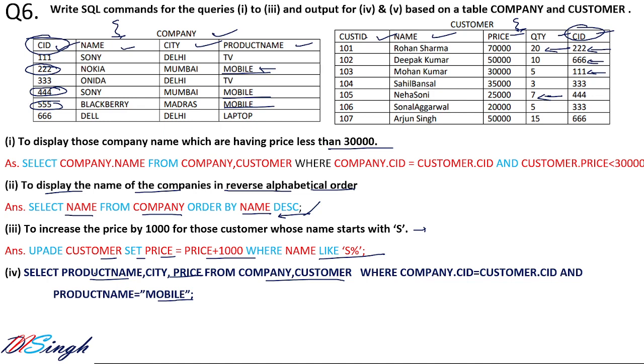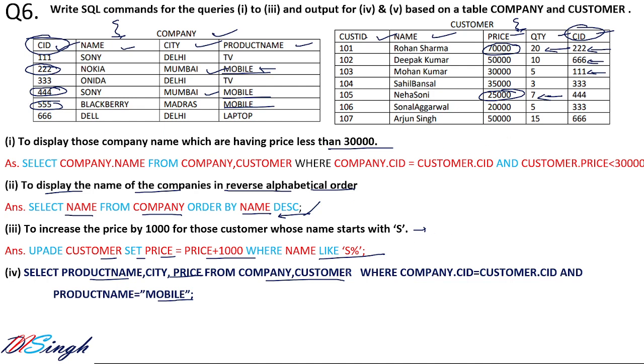For that one I want the product name, that is mobile, and for that I want city. For 222 city is what? Mumbai. For 444 also Mumbai. And what I want next? Price. So what is the price? That is 70,000, and there you have 25,000.